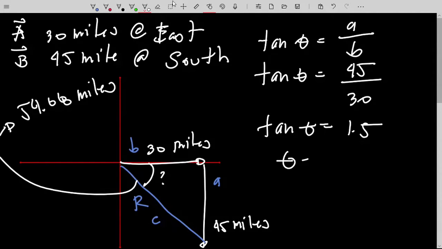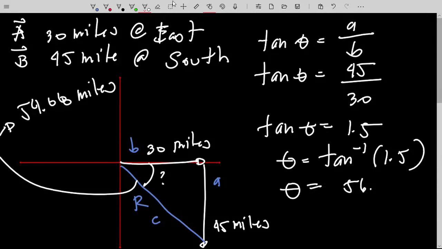So theta is actually equals to tangent negative 1 times 1.5. And you should get the value of 56.30 degrees. Now, we know that the value of your angle here has a value of 56.30 degrees.